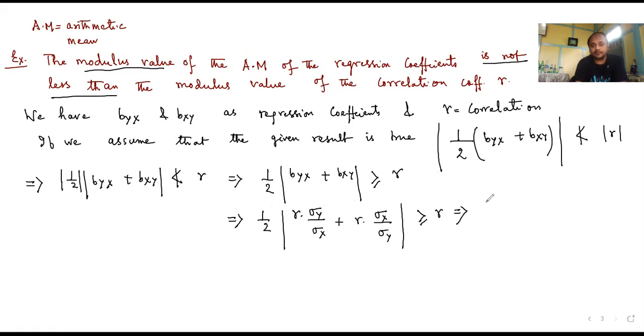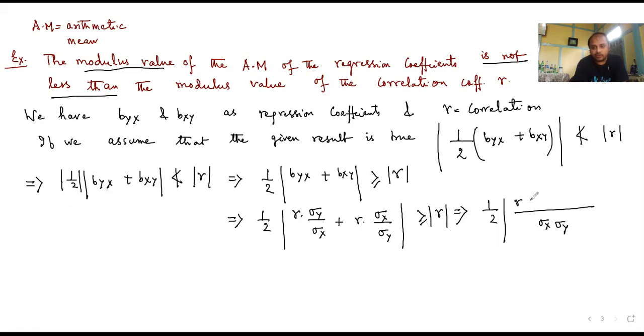Inside the bracket, you take the LCM, which is sigma x sigma y, and that should be greater than or equal to R. Oh, here mod R was there, sorry. So the absolute value of R will be considered.